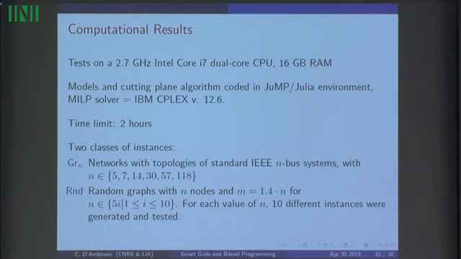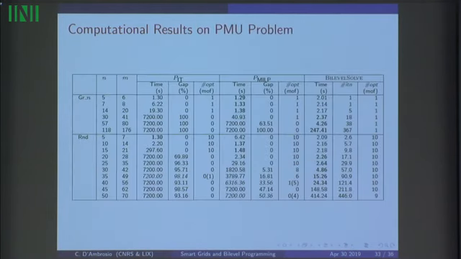The second set is random graphs with n nodes and 1.4 times n edges, 1.4 being the average ratio of edges to nodes in the IEEE grids. We consider n from 5 to 10, and for each value of n we generate 10 different instances. What we will see is the average performance on these 10 instances.